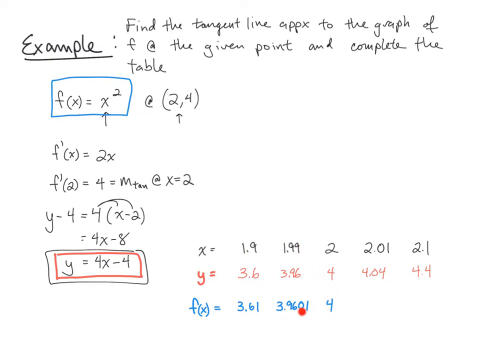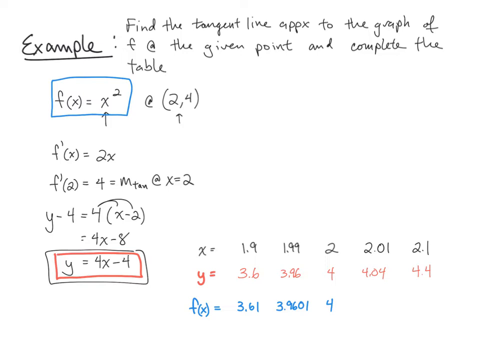These values here are pretty close to these values here. So we can, in a small neighborhood around 2, like 1/10 away or 1/100th away, use tangent line approximations to pretty accurately represent the real function values.